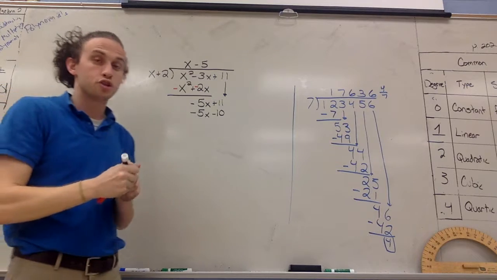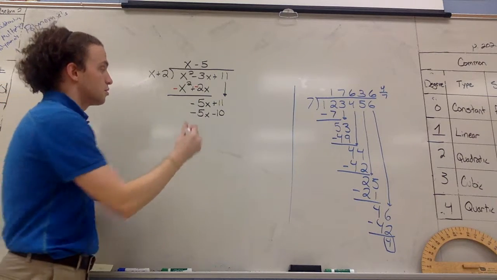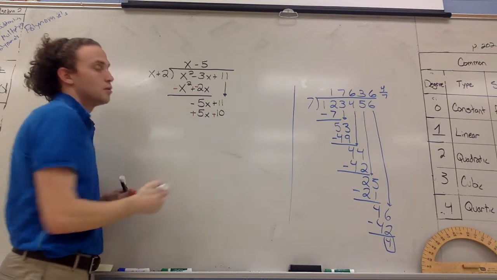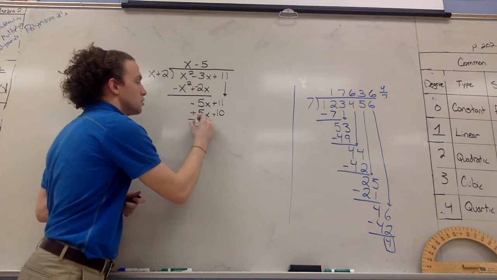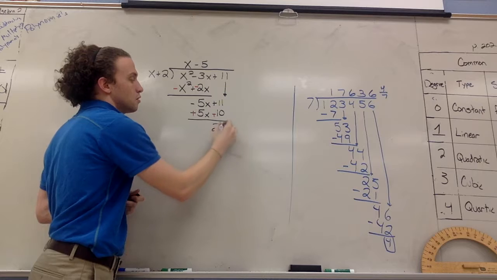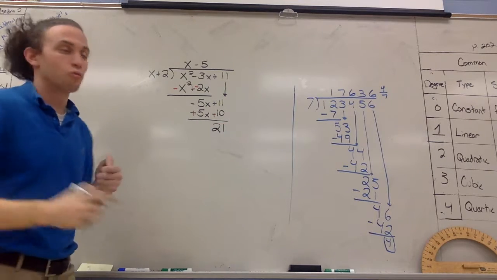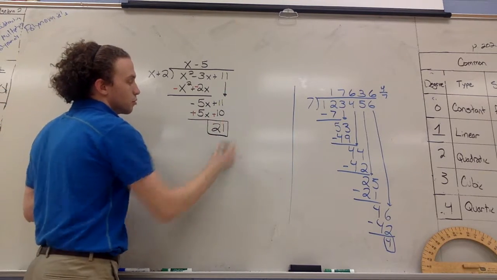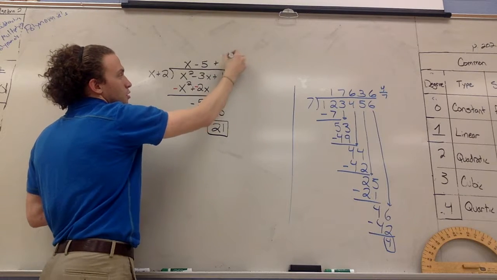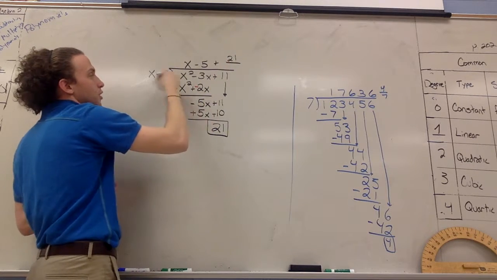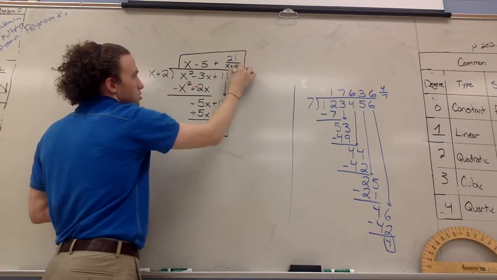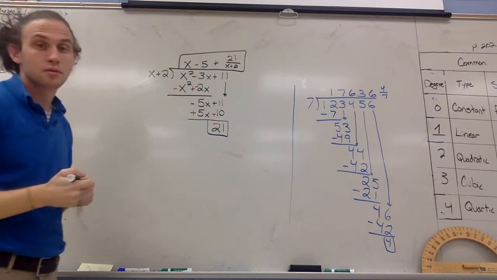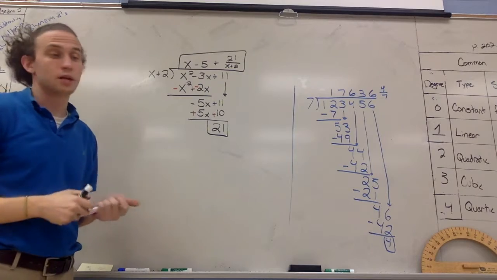Next step I have to do is change my signs, add straight down, and then write my remainder, which is 21, over my divisor. Exact same steps, just using polynomials now to divide.